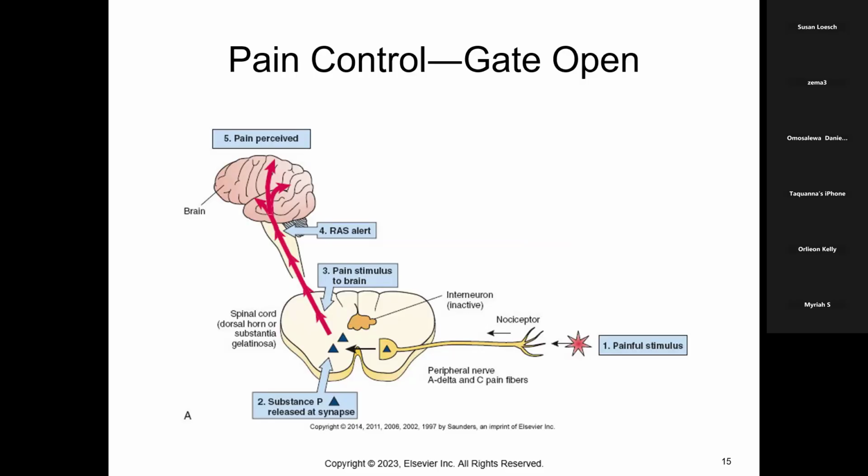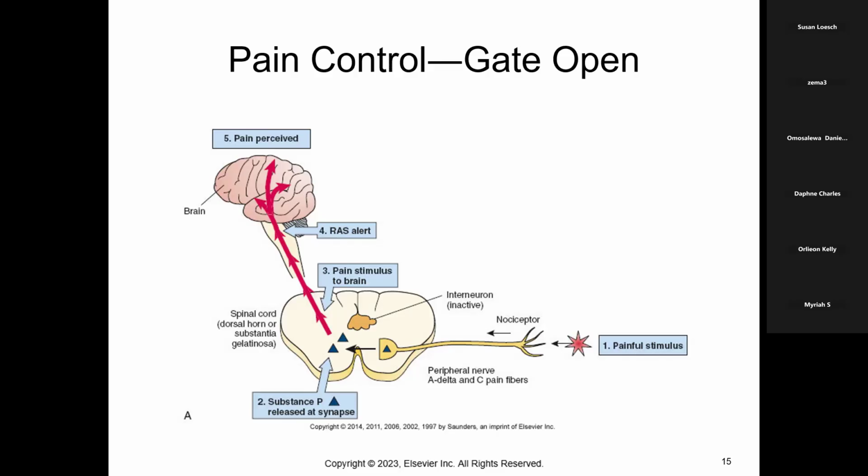Again, look at the painful stimulus. It's traveling along your A delta, which is what? What kind of pain goes there? On the A delta, what kind of pain is it? Acute. Okay. And acute. C pain fibers are going to be what? Chronic. Okay.